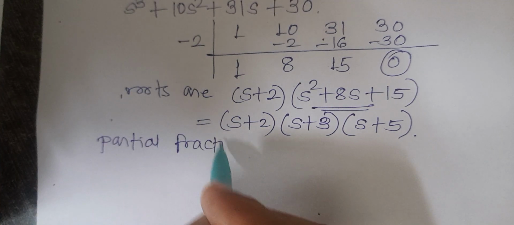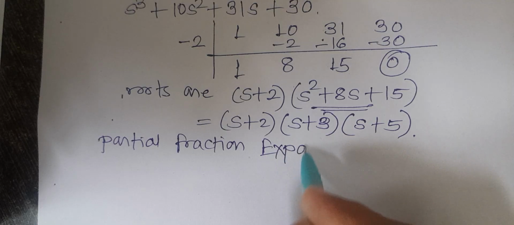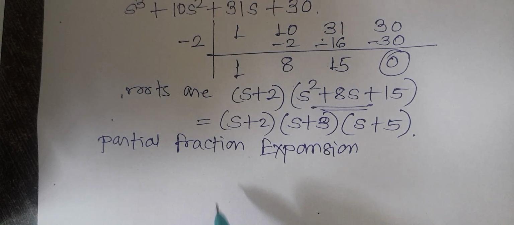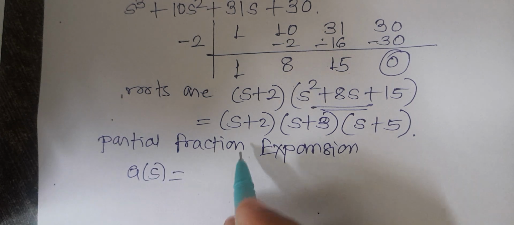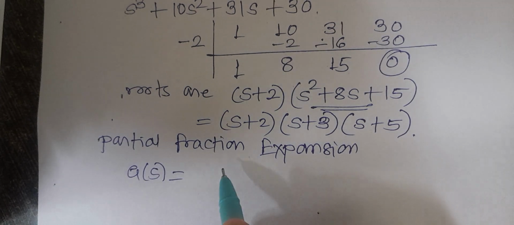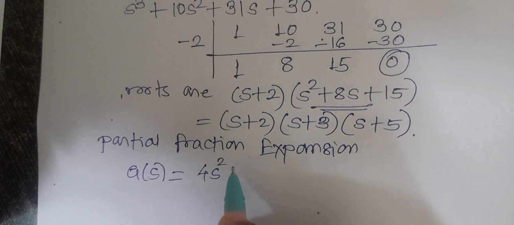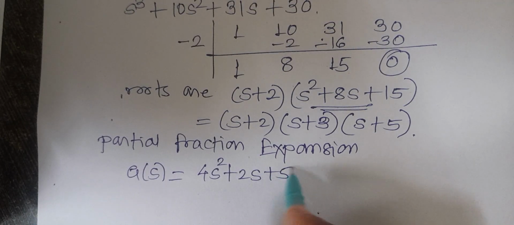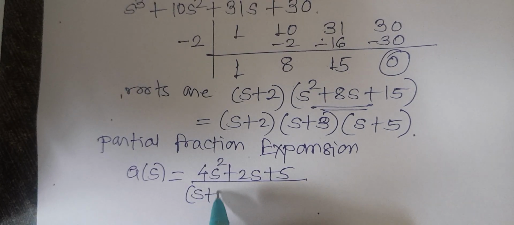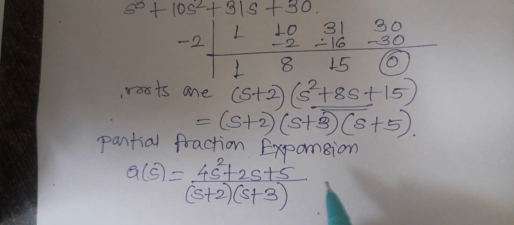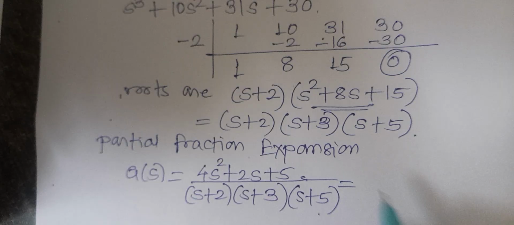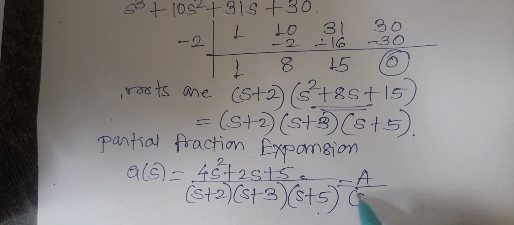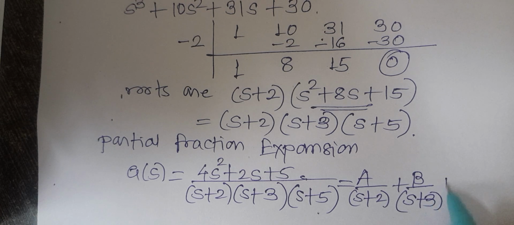Partial fraction expansion. G of s is equal to 4s square plus 2s plus 5 divided by s plus 2, s plus 3, s plus 5, and this we can write as A over s plus 2, B over s plus 3, and C over s plus 5.